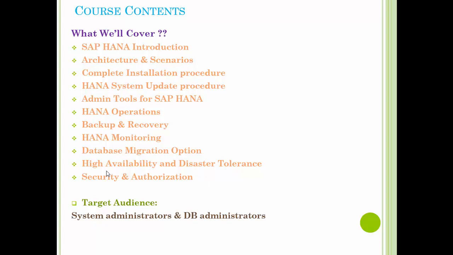And lastly, a topic on security and user authorization. What are the security aspects of SAP HANA? How to enable encryption, how to do auditing, and coming to user authorizations, what are roles, what are privileges, how to create users, and how to reset the system user password will be explained here.